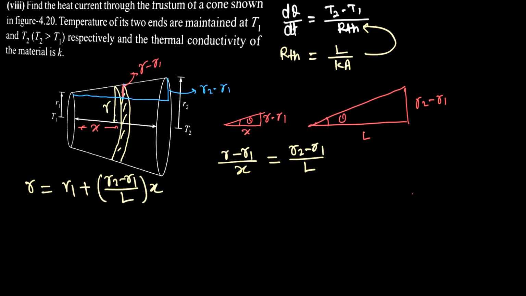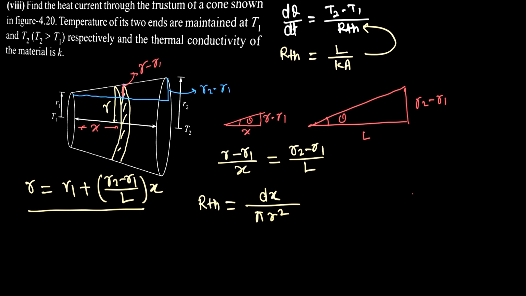Now, to find out RTH, what should be in place of length in this formula? What's the thickness of that small disk I selected? That is dx. Thickness is dx. The area should be pi r square.